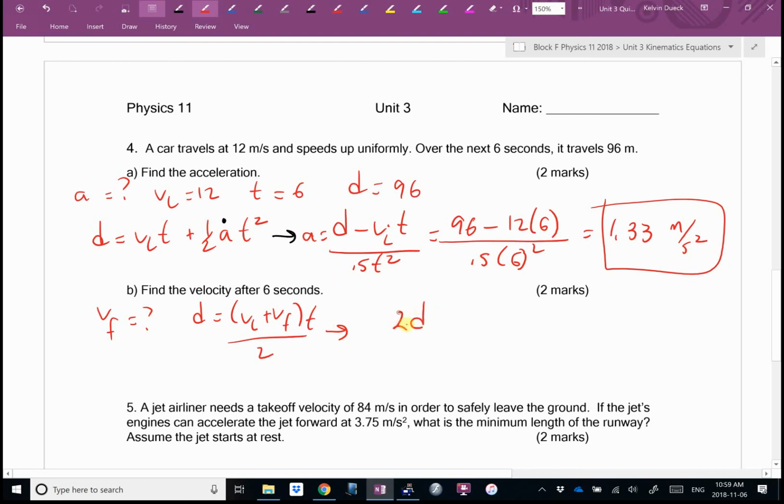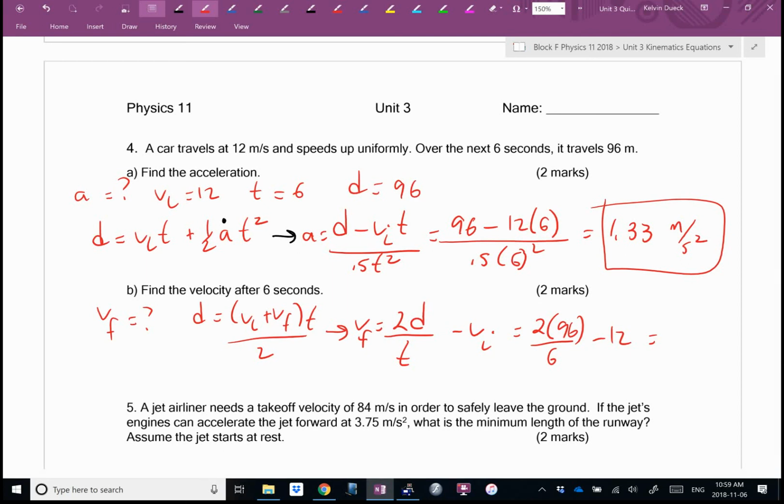I would times by 2. I would divide by T. And then I would minus VI outside the fraction. That's VF. It's going to be 2 times 96 divided by 6 minus 12. I think I can do that in my head too, because if I divide by 6, yeah, that works out evenly.